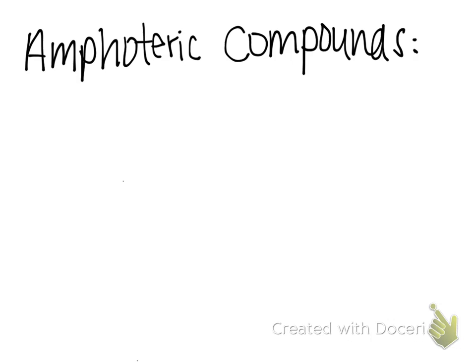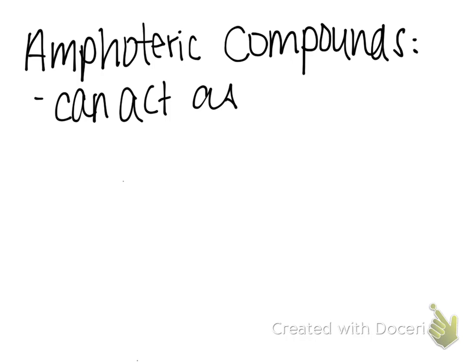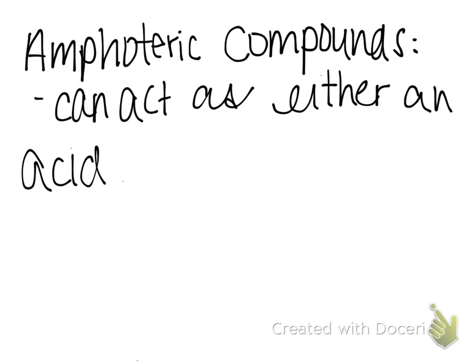This is called an amphoteric compound. I don't know if any of you got to read that far, but amphoteric was the next little section. What an amphoteric compound means is that it can act as either an acid or a base.